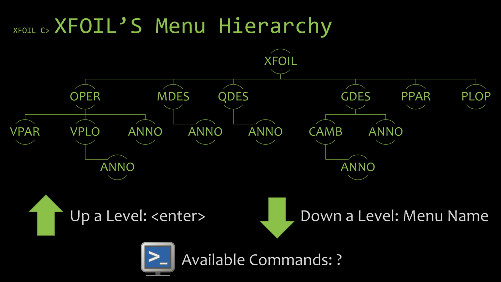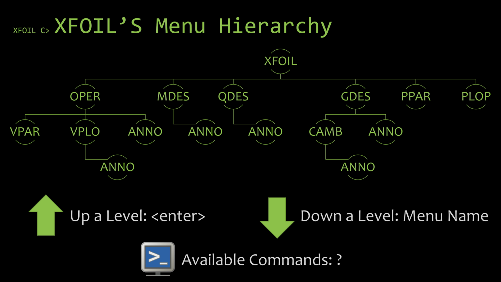So if I had that task, I could go to the menu that is there to design the geometry of the airfoil, and when I go to that menu, I can find all of the commands, all of the scripts, or all of the different options I have available for manipulating the geometry.